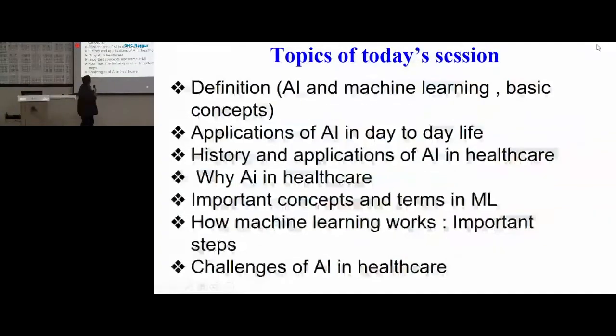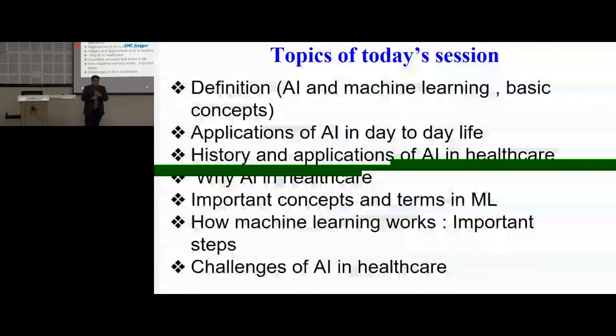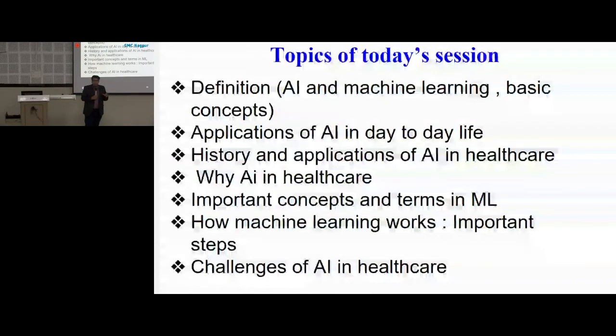The topics that I will be covering in today's session are as follows. First is the definition. A lot of you must have heard artificial intelligence and machine learning, and people are using these terms interchangeably, so we'll discuss that. Second is the application of AI in day-to-day life. Artificial intelligence has already penetrated deeply into our day-to-day life.